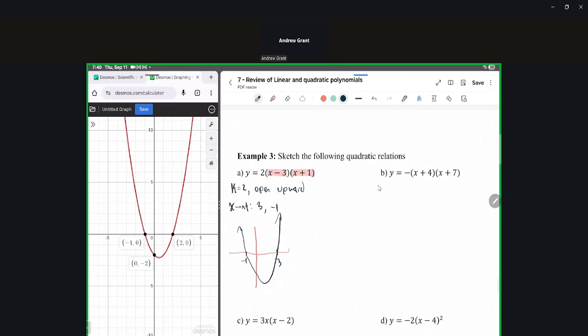Okay, so for b, we have y is equal to negative, multiplied by x plus 4 times x plus 7. So here we have a k value equal to negative 1, so we know that this will open downward. And so we have x-intercepts of -4 and -7.